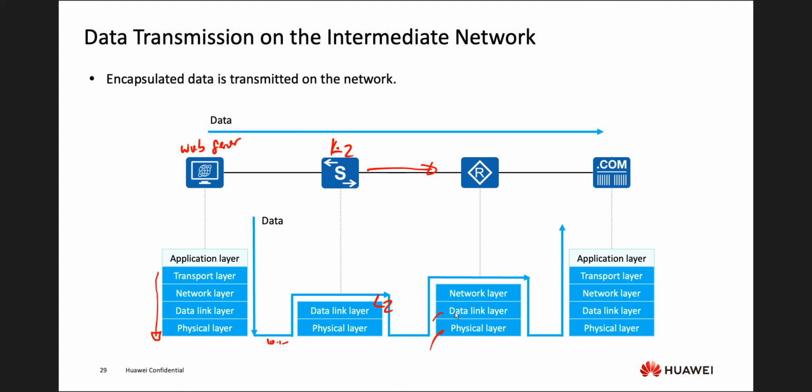It will remove the destination MAC address. But then it gets to the network layer. Again, it says, oh, now I have that information still encapsulated. So on layer 3, it understands the destination IP address that it needs to go to and the source IP address, which is the server where it's coming from. And what it does is it does its encapsulation again with all that information, and then it sends it to the PC where it received it from.